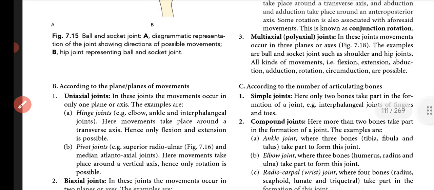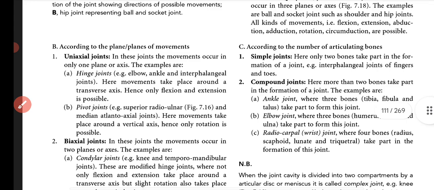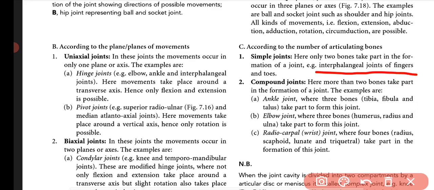And number C is according to the number of articulating bones. The simple joint, such as interphalangeal joint of the fingers. Compound joints: more than 2 bones take part in the formation of a joint, such as ankle joint, where 3 bones form it: tibia, fibula, and talus.